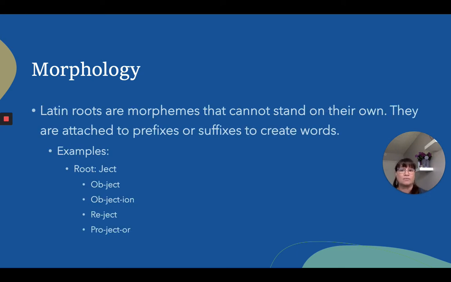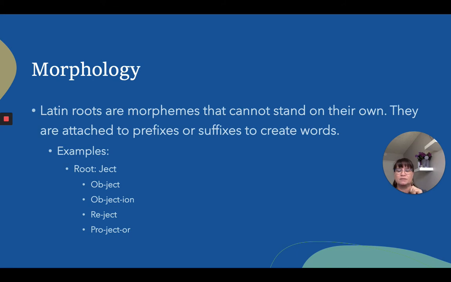Now there are Latin roots, which are morphemes that cannot stand on their own. No Latin root can stand alone. It has meaning, it's a morpheme, but they are always attached to prefixes or suffixes to create words. So for example, the root ject.